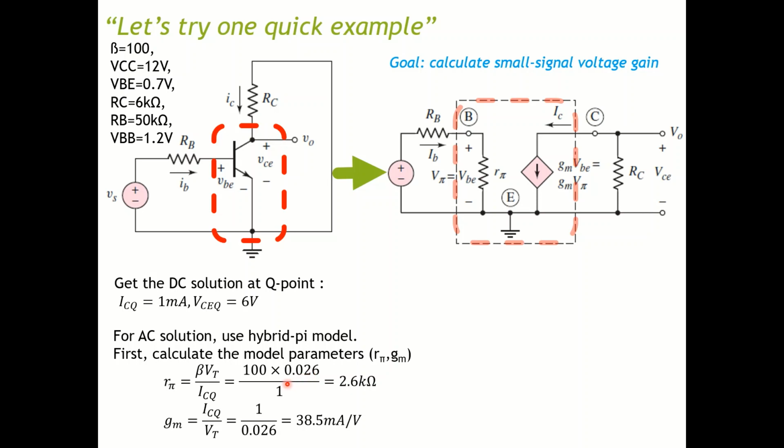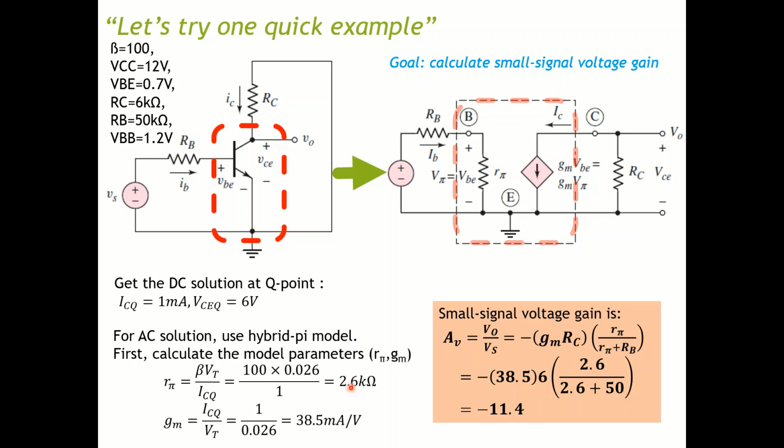So when T equals 300 Kelvin, you can use this number. It's the thermal voltage. Do the same thing for GM: GM equals 38.5 milliampere over volt. And finally, you just plug in all of your GM and RPi numbers, and you can get your signal voltage gain to be negative 11.4.